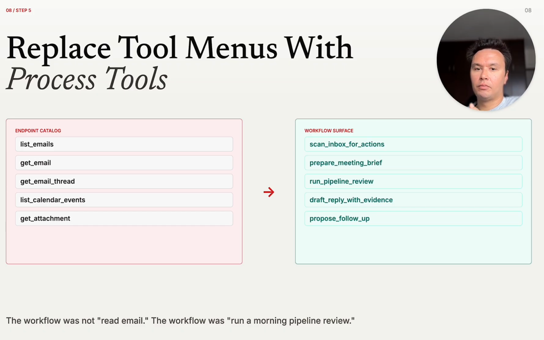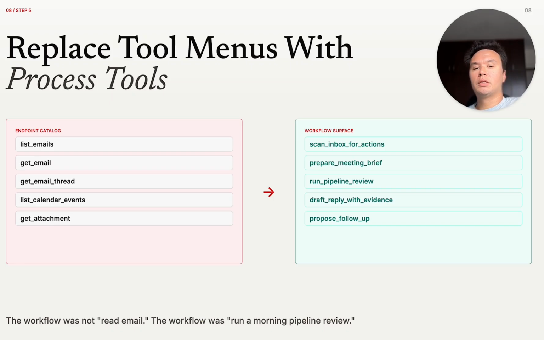Think of this morning pipeline review as an action item list of what's on their plate every day: who they need to follow up with, what their stale deals are, what they need to do. The tools like read email and morning pipeline review are not the same thing. One is just an endpoint, and the other is a business process end to end.